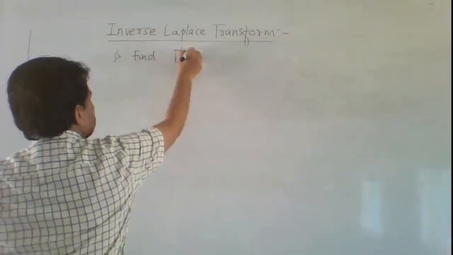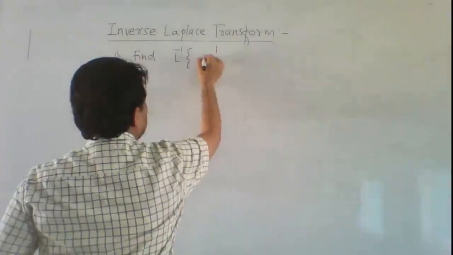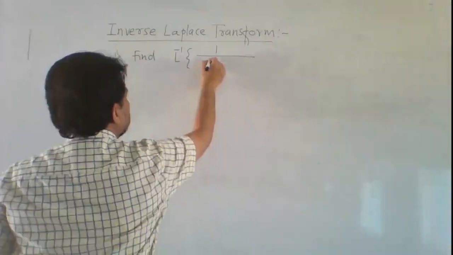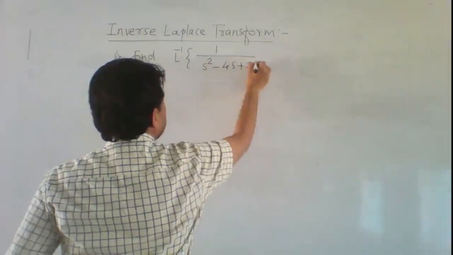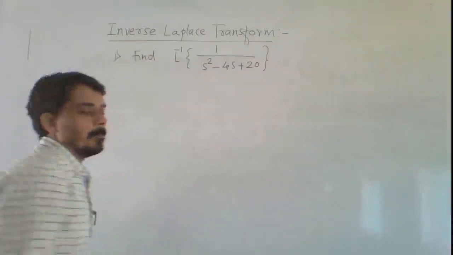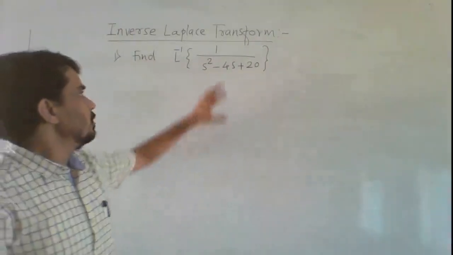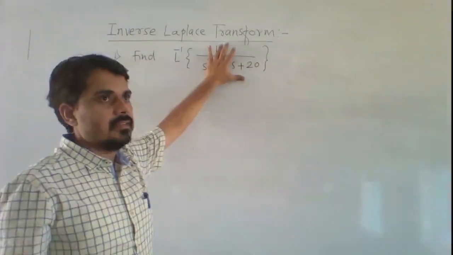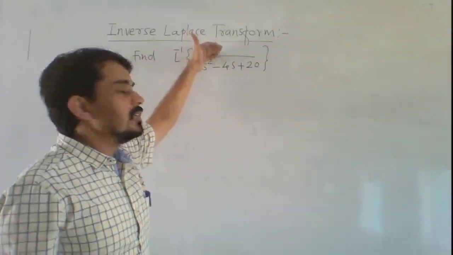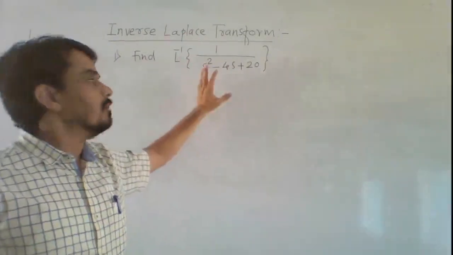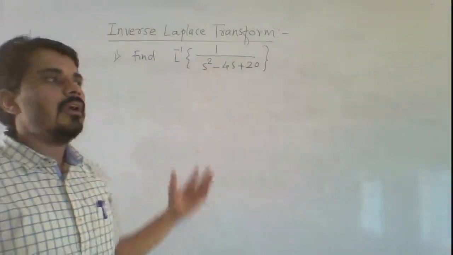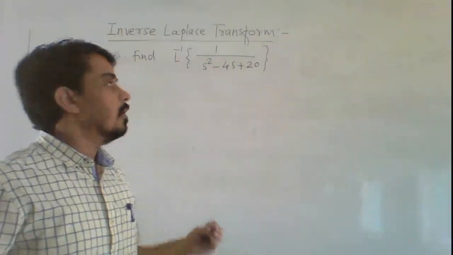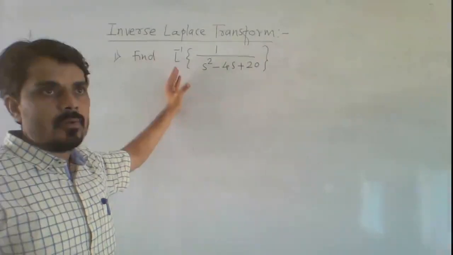the inverse Laplace transform of 1 upon s square minus 4s plus 20. This is the function F of s, and in the denominator it contains only the terms, the numerator is the constant 1. Now we have the formula of inverse Laplace transform.